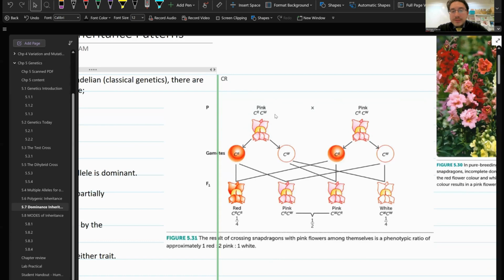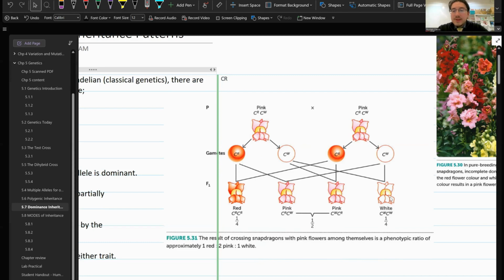So either you're red or white, but if you're heterozygous, with an R and a W, you end up being pink. Let's say you cross a pink with a pink. You would get this nice little gradient, where 25% of the offspring are red, with big R as the designated letter. 50% of them are pink because they have a white and a red allele.